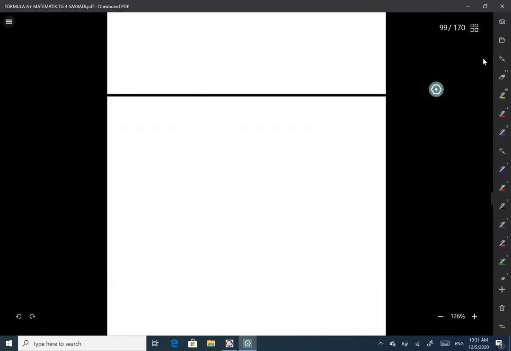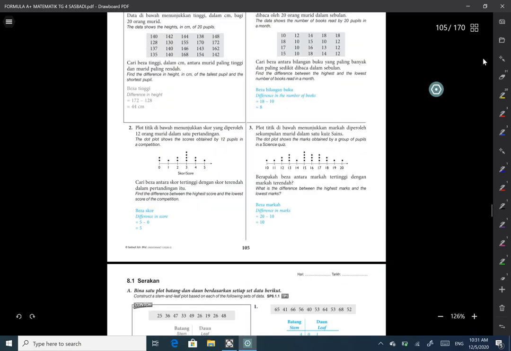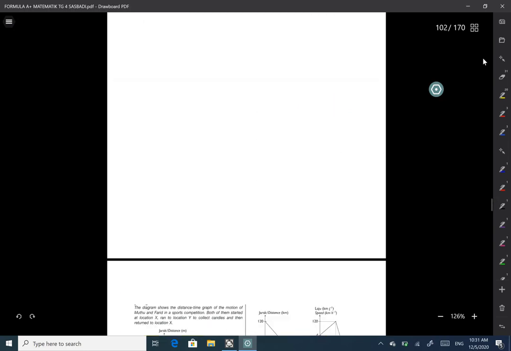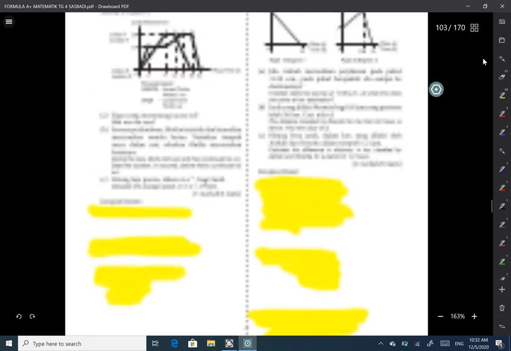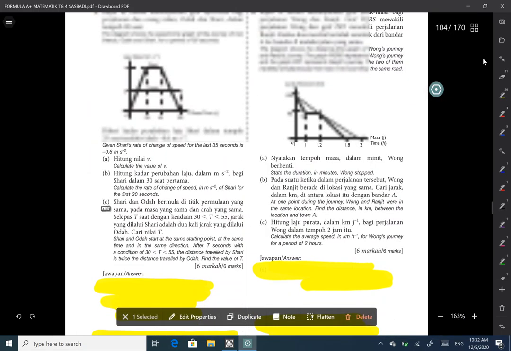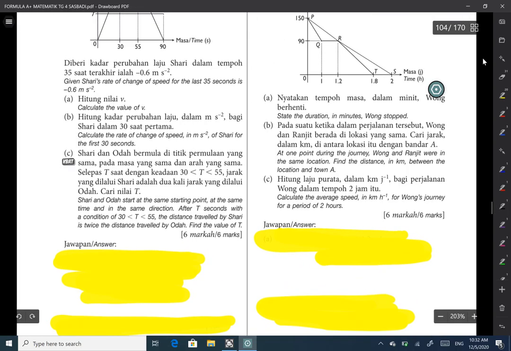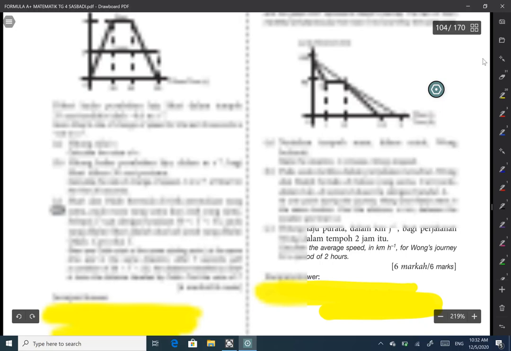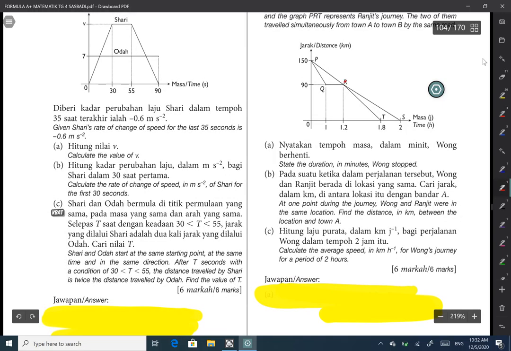Okay, so we go through the last question. Okay, so what I say is this one. So I want to know the distance they meet at this point.